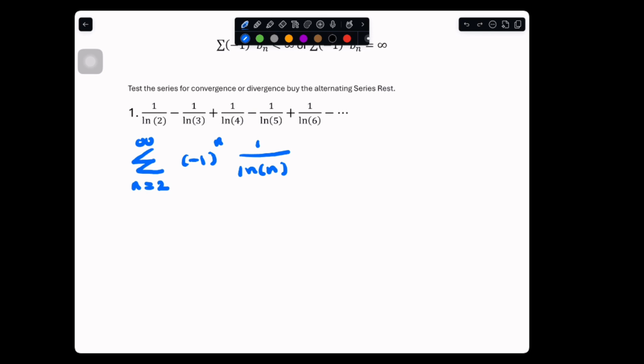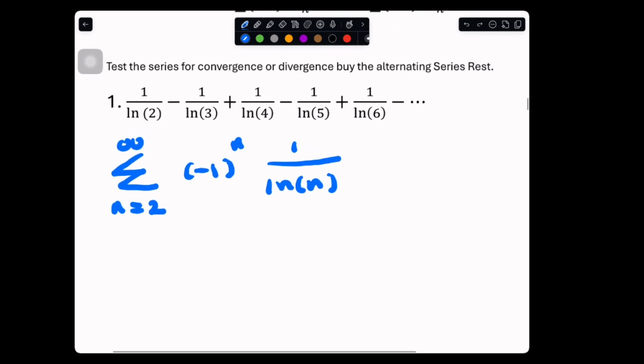Now notice this. The first term, this is when n is 2, not 1. We're starting at 2, then n is 3, n is 4. Okay?